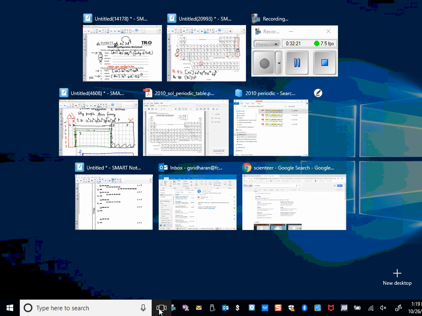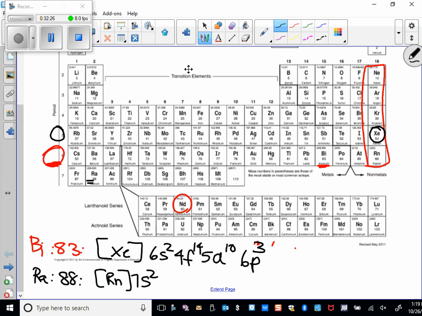Somehow, certain elements in the periodic table, so this is 1, 2, 3, 4, 5, 6, 7, 8, 9, 10, these elements on the periodic table will all take 1 from the s and become d5 or d10.